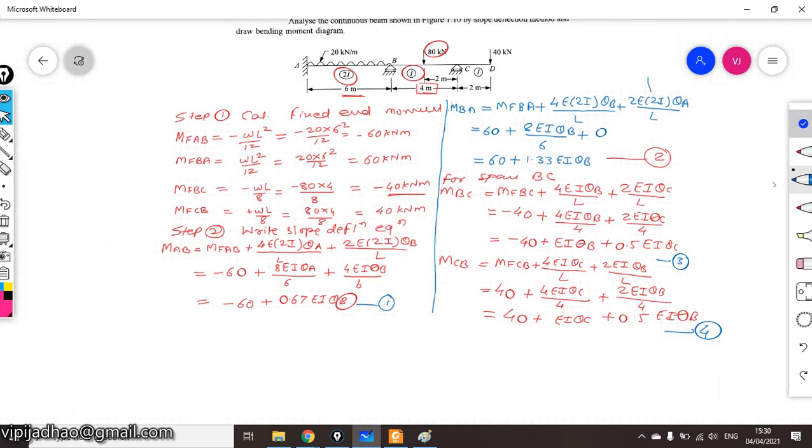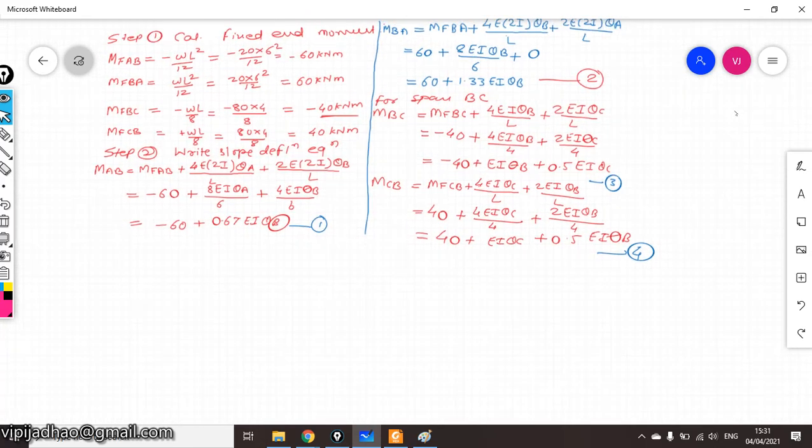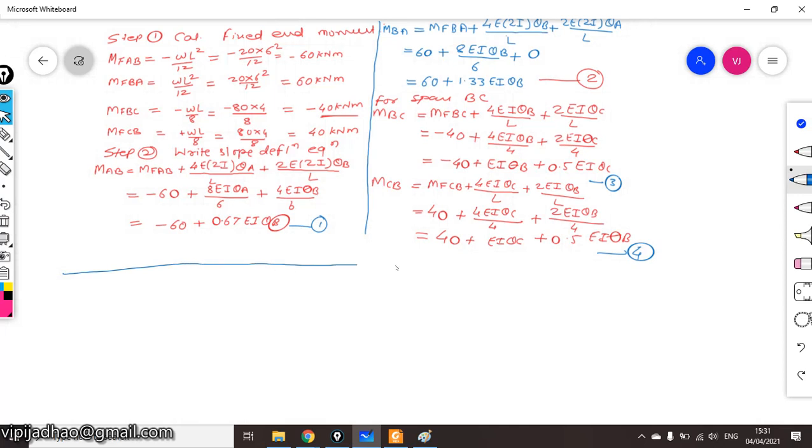So we have developed these four slope deflection equations. Step number 3 is to write down the equilibrium equations.